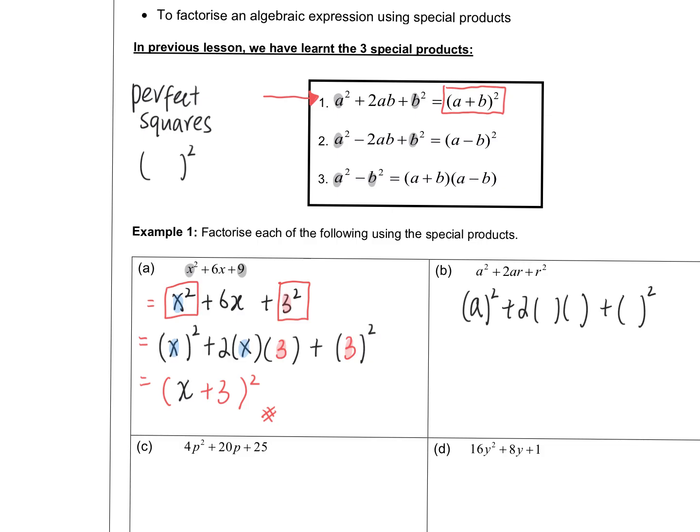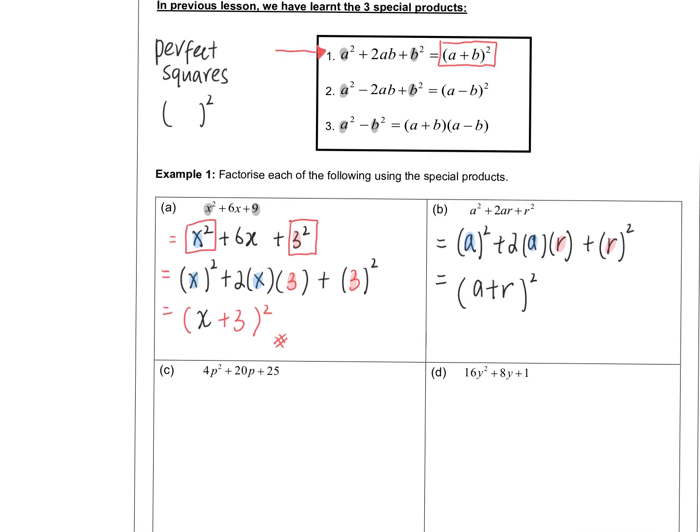This is a, this is r. So my answer should be what plus what squared? (a plus r), because this is my a, this is my b. So if I factorize it, it is just (a plus r) squared. I'm just using formula number 1.